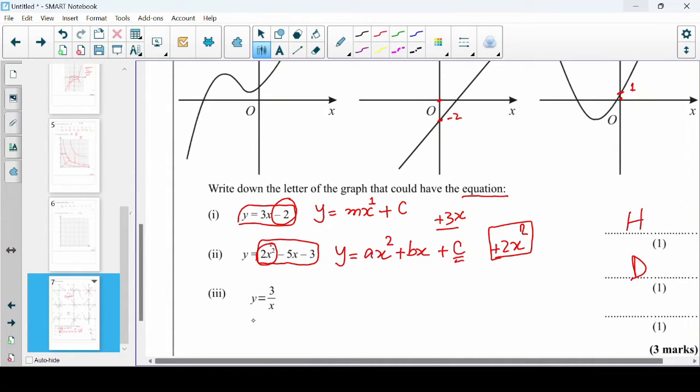And the third one is y is equal to 3 over x. The 3 over x shows that this is an inverse graph, where it is something over x, and in the numerator it's 3. So it's a positive inverse graph.